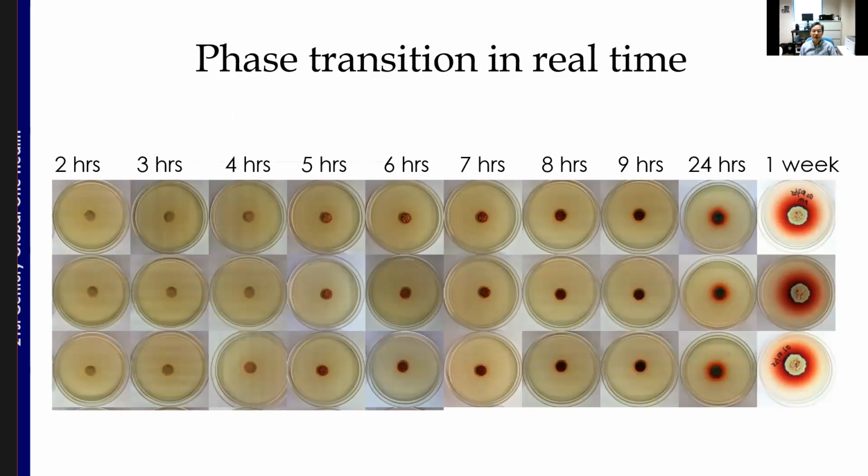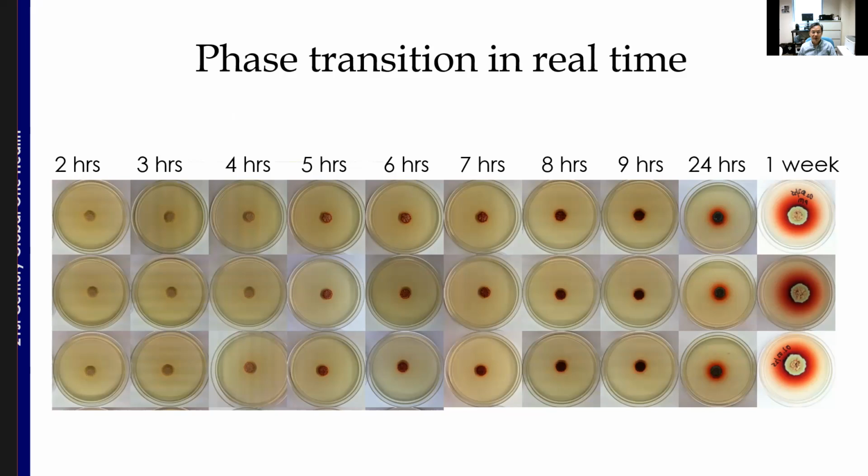And this is an experiment we did in the lab. We transferred a plate from 37 degrees C to room temperature, 25 degrees C, and looked after 2 hours, 3 hours, until 24 hours and 1 week.